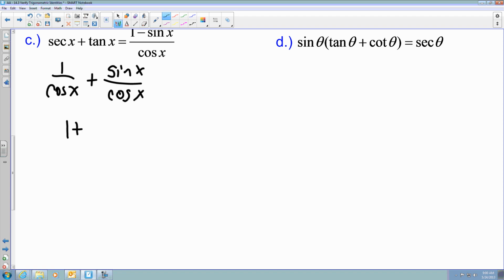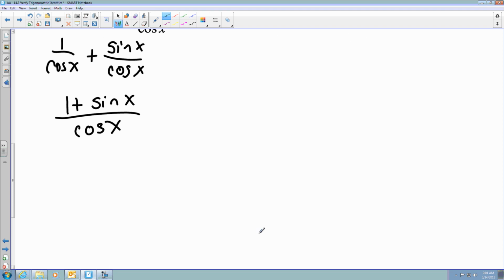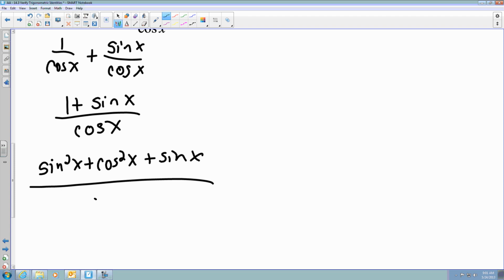So it goes 1 plus the sine of x all over cosine x. Now, when we look in our notes, 1 has many different characteristics, one of which is sine squared theta plus cosine squared theta. So I'm going to rewrite 1 as sine squared x plus cosine squared x plus sine x all over cosine x.